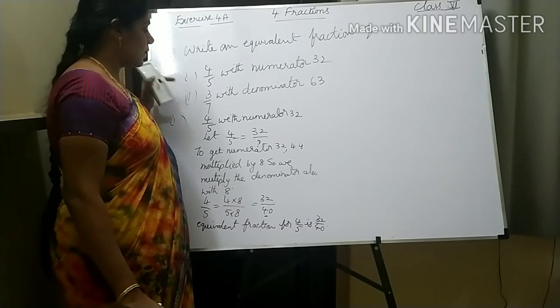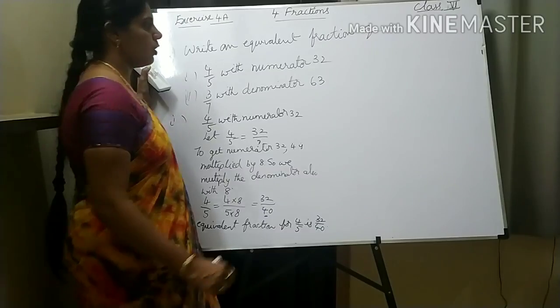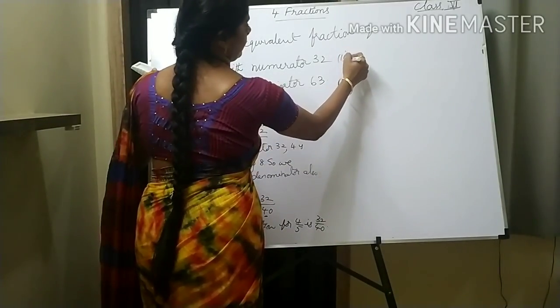Understood? Now we will see the second one, 3 by 7 with the denominator 63.